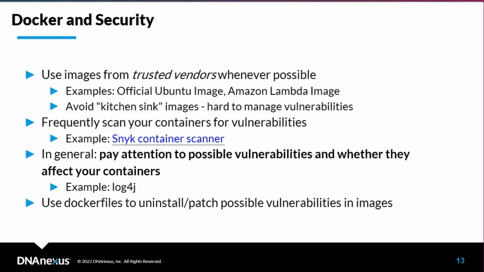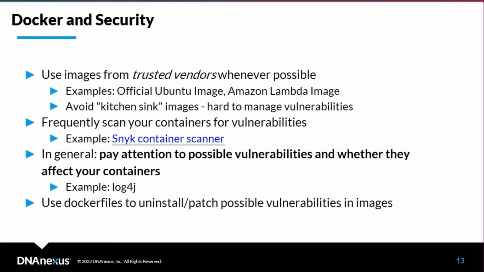One way to be certain is to scan your images for vulnerabilities. This is a link to a container scanner called Snyk. You point it to the image in your Docker Hub or quay.io registry, and it will let you know of any vulnerabilities.